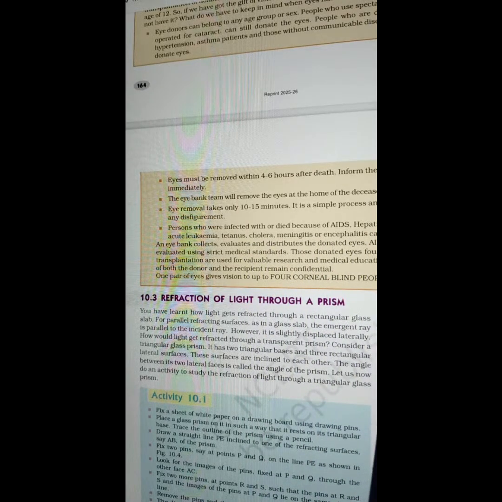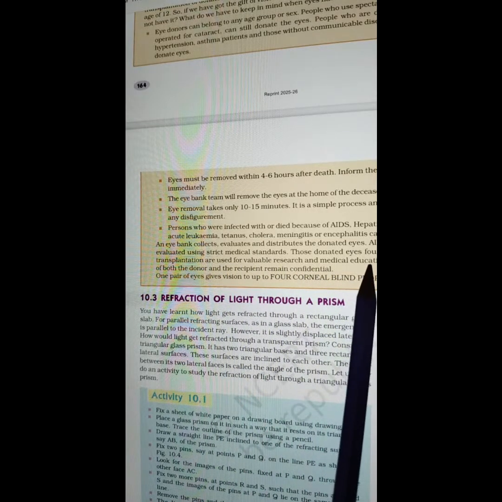Persons who were infected with or died because of AIDS, hepatitis B or C, rabies, acute leukemia, tetanus, cholera, meningitis, or encephalitis cannot donate their eyes. An eye bank collects, evaluates, and distributes the donated eyes. All eyes donated are evaluated using strict medical standards.